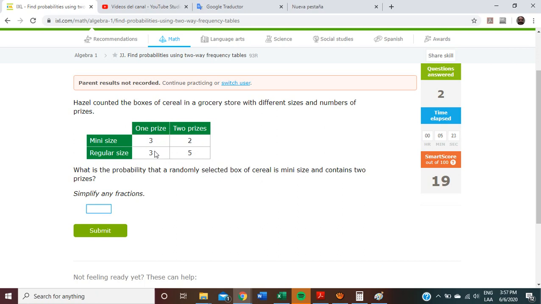It's 3 plus 3 plus 3 plus 3, 6 plus 5, 11 plus 2, 13. Again, 13. Okay? And what is the probability that a randomly selected box of cereal is mini-sized and contains two prices? Okay? So mini-size and two prices. So the probability is 2 out of 13.